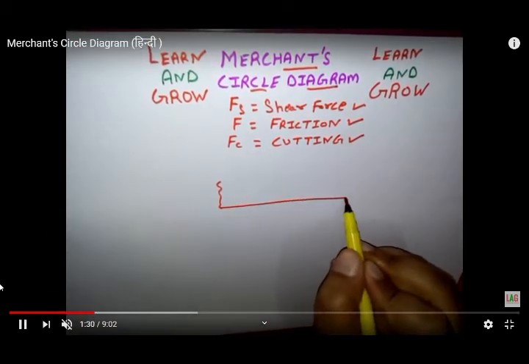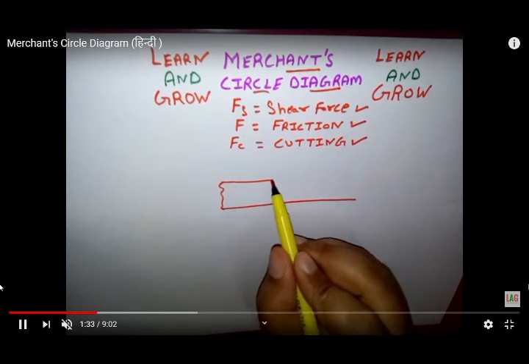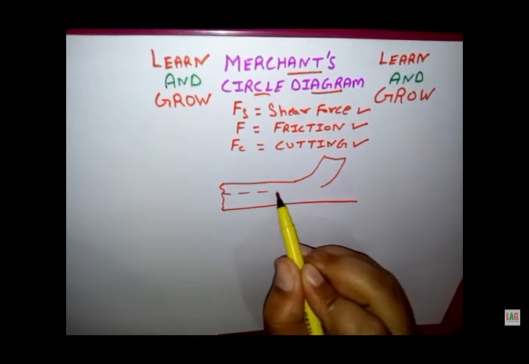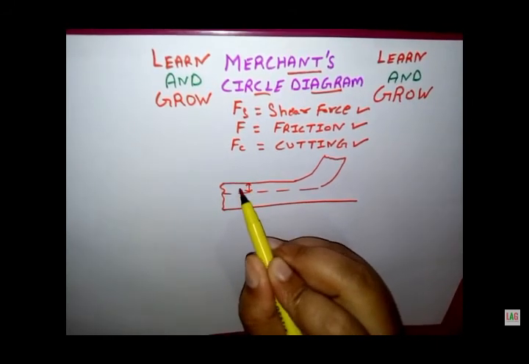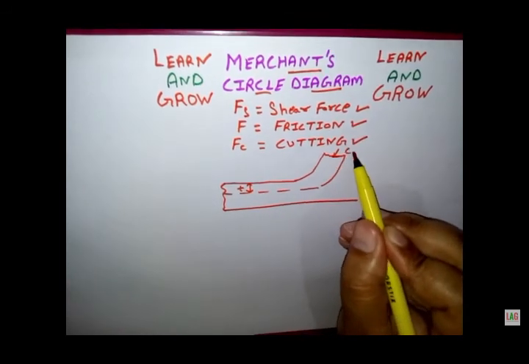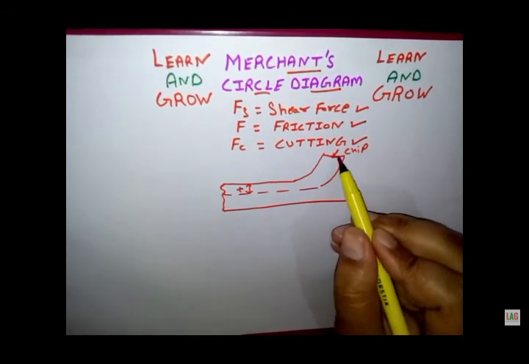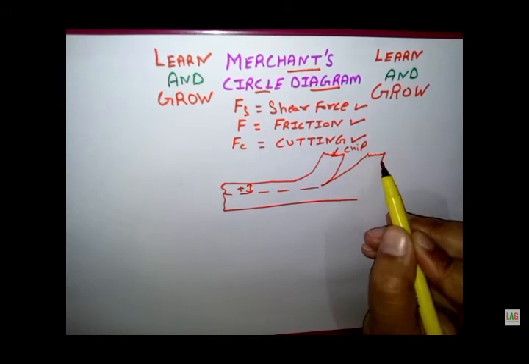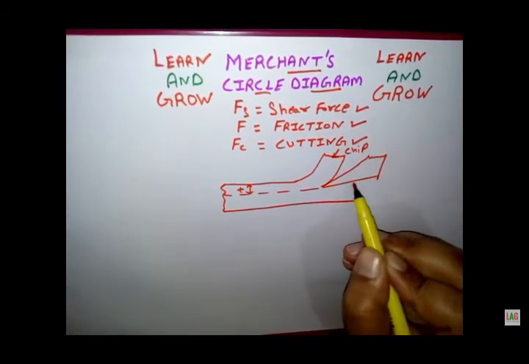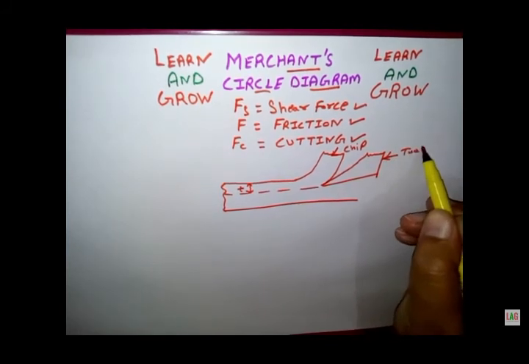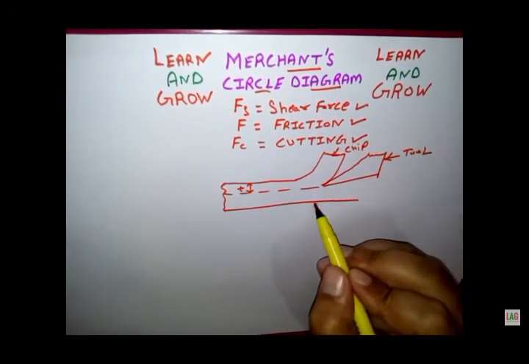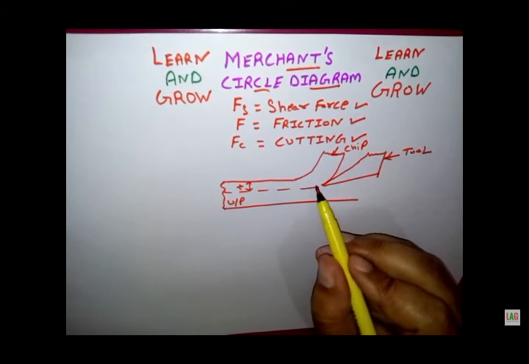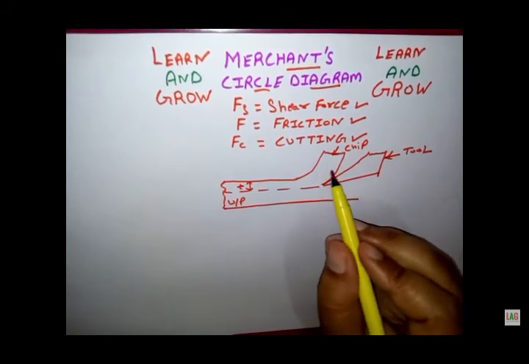Next, draw it this way, first one line. That is the workpiece. We already discussed chip thickness ratio, but here one more time: T1 and T2, workpiece, tool, chip. T1 and T2 give the uncut chip thickness ratio, equal to T1 divided by T2.